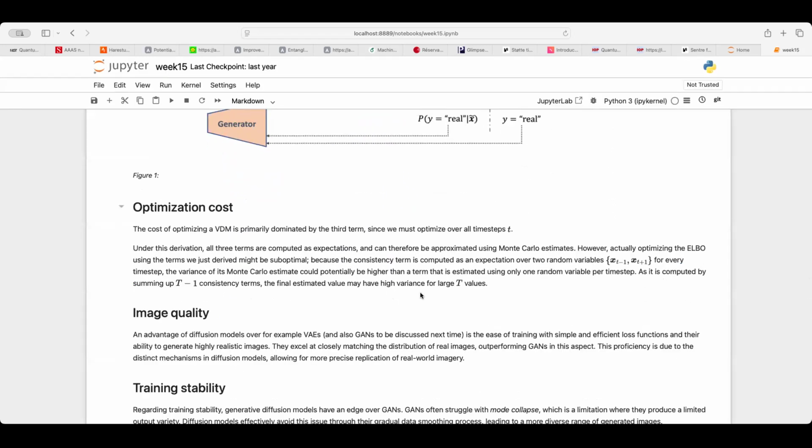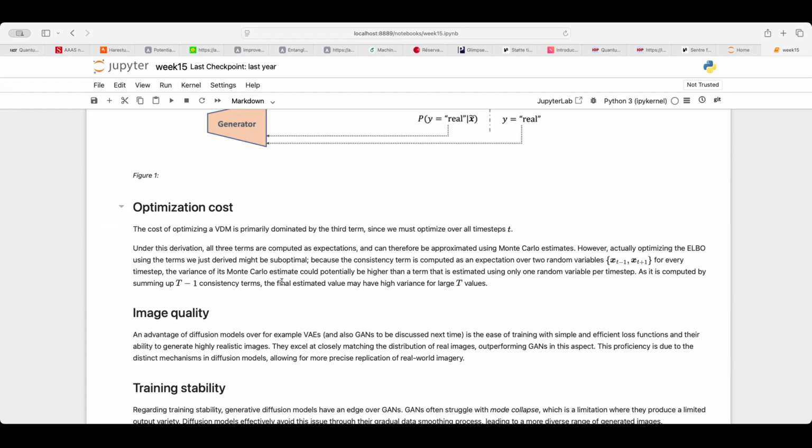So let me just increase the fonts. Under the derivation which we did, all three terms are computed as expectations and can therefore be approximated using Monte Carlo estimates. However, when you actually study this lower bound, using the term we just derived might be suboptimal because the consistency term is computed as an expectation over two random variables for every time step.